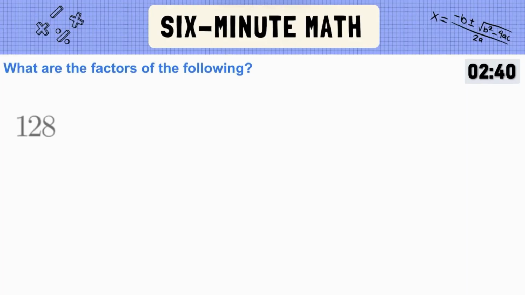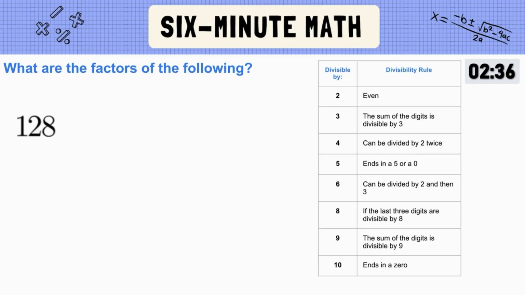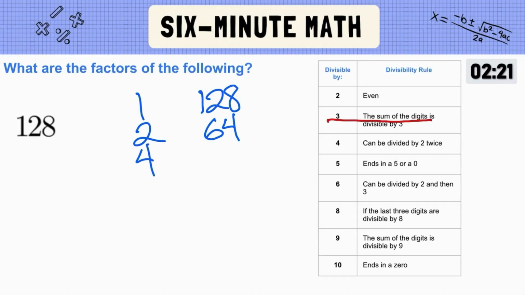How about if I'm looking for the factors of 128? I have my divisibility chart. I know I have 1 and 128. 128 is even, so I have 2 and 64. It is not divisible by 3. I also have 4 and 32. Not divisible by 5.